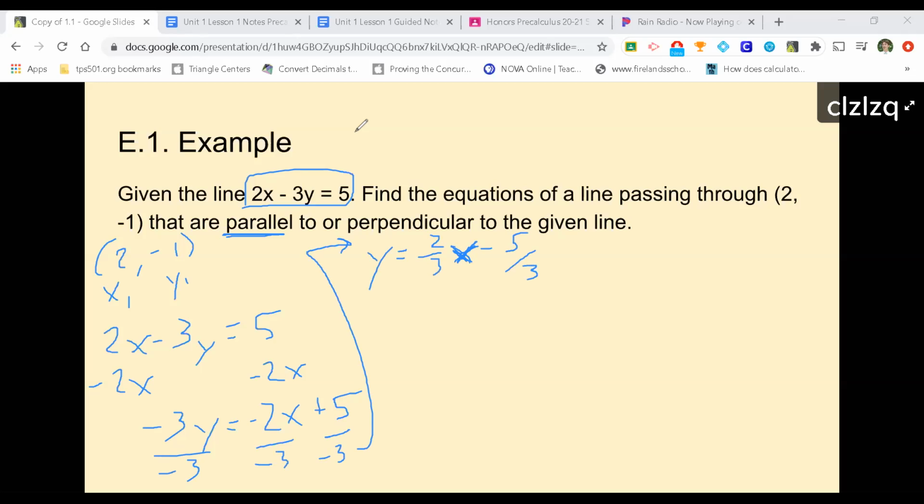Okay, so my original line has a slope of 2/3. So then, if I'm saying they are parallel, I know my new equation also has a slope of 2/3.